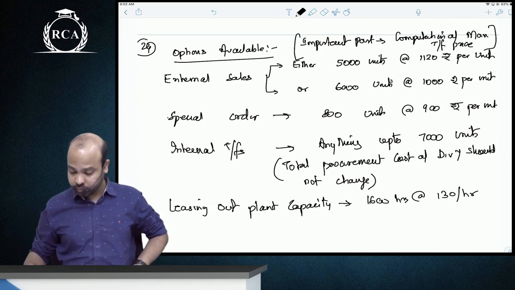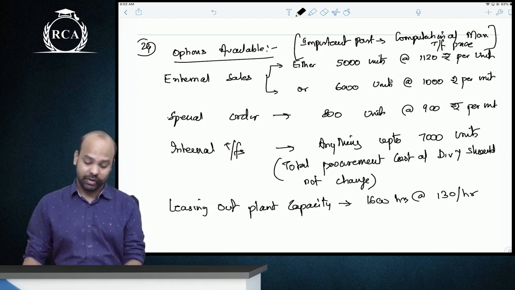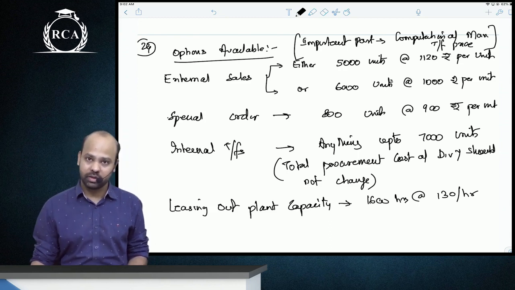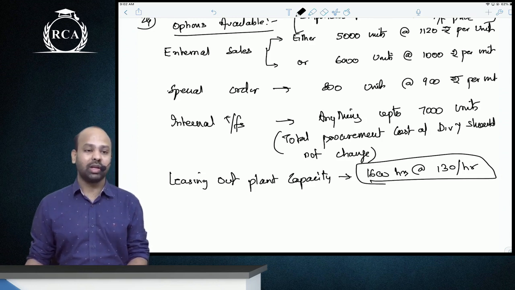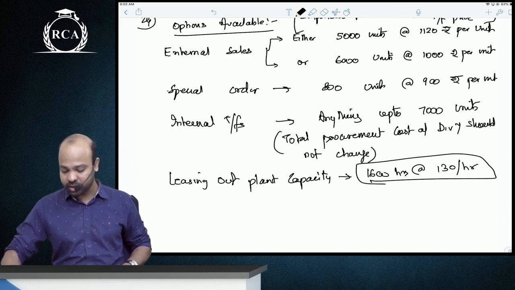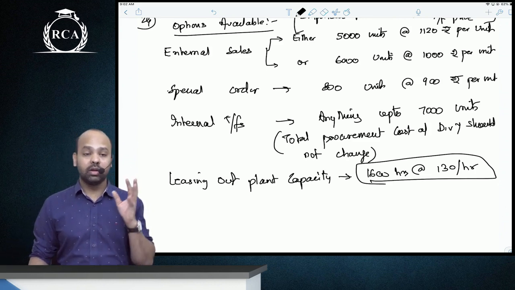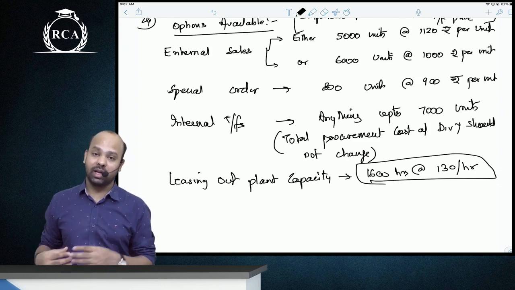Understood, sir? If that is the scenario, and I have to take a decision on the basis of total revenue and not on the basis of total contribution, I will have to ignore the last option. Sir, why do you have to ignore the last option? Sir, 1600 hours at 130 rupees per hour. I will have to ignore it, guys, because the revenue that I am getting by leasing out plant capacity would entirely be my contribution.